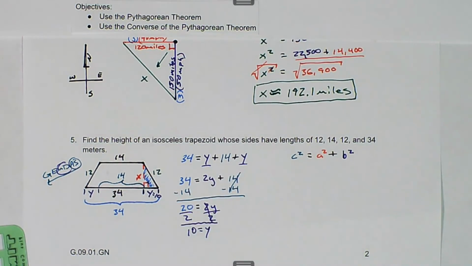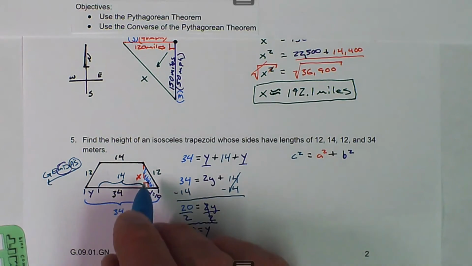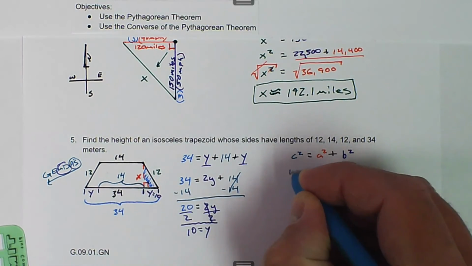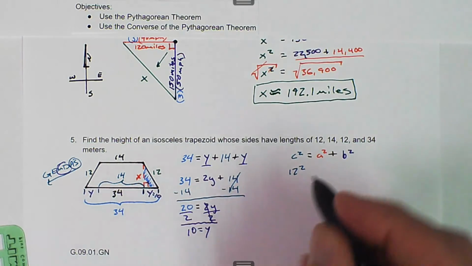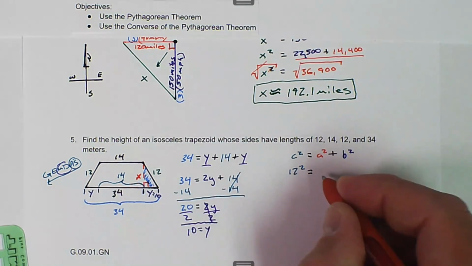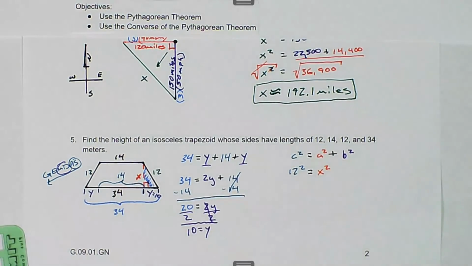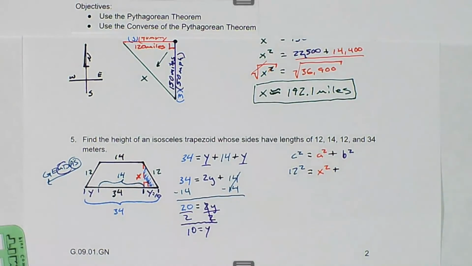And now we can substitute our values in. So c squared is going to be 12 squared, and that is going to be equal to our x value squared plus 10 squared.